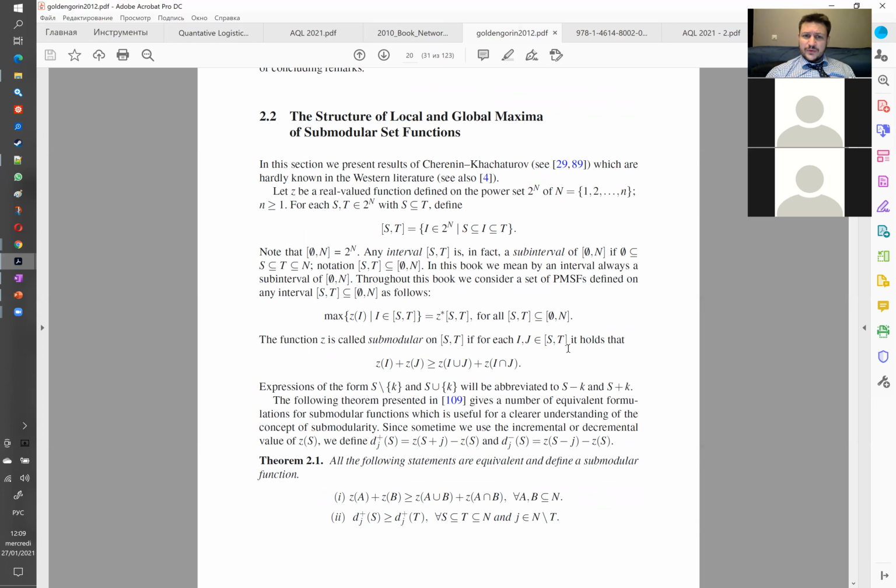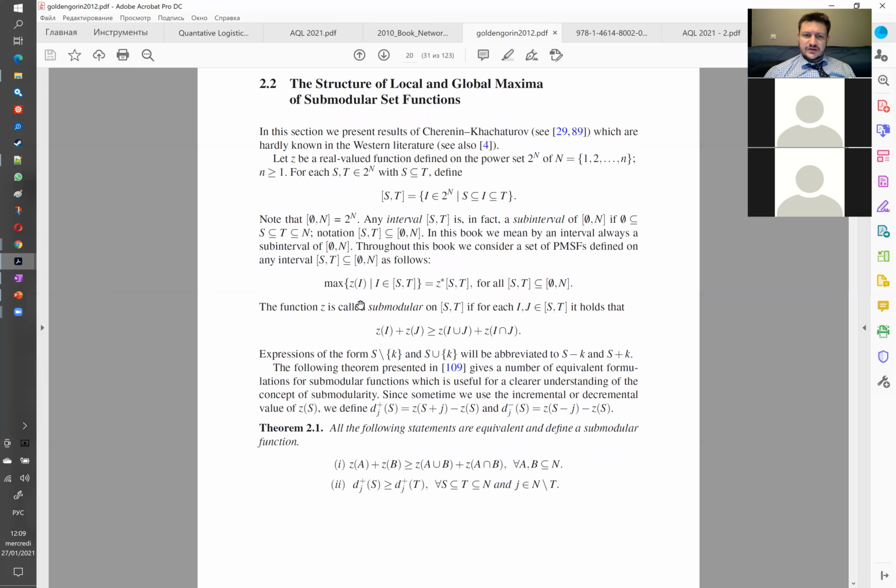So it's some kind of interval here. But when we talk about sets, the interval is not something real valued, because this is a set, this is a set, and this is a set here. So there is an interval, a subinterval here. Okay, and the function is called submodular here. It looks like it's different from what we have discussed before.